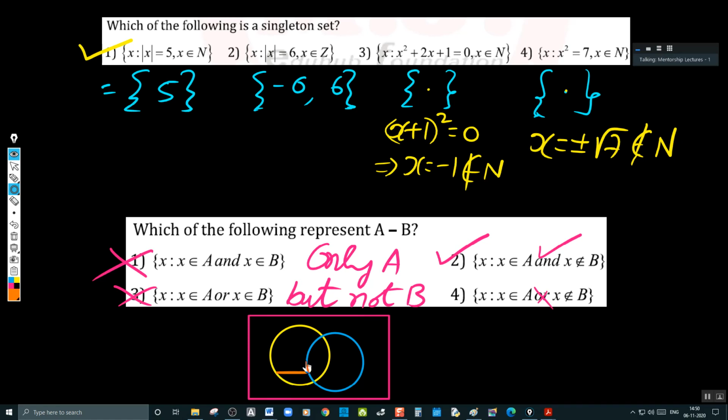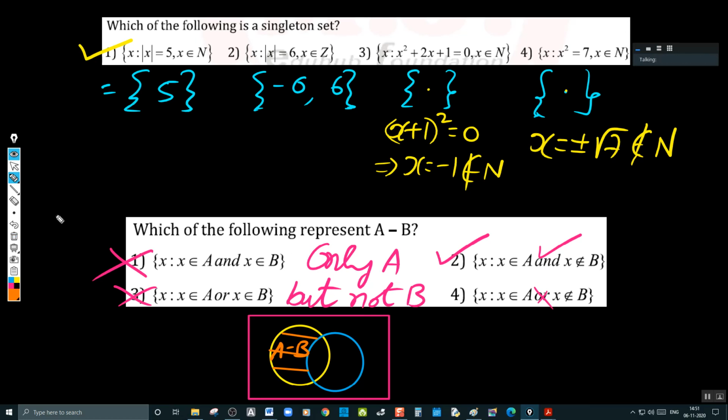This is A minus B. Yellow color is A and blue color is B. So the shaded region is A minus B. So you have to understand this clearly. Only A, but not B.